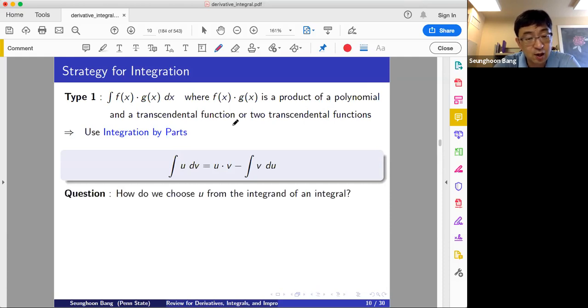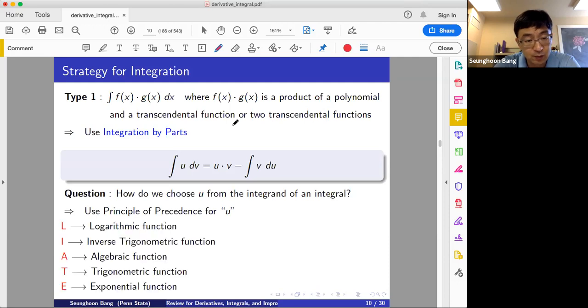The question is, how do you choose u from the integrand of an integral? Use a principle of precedence for u. The LIAT order: L is logarithmic function. I is inverse trigonometric function. A is algebraic function.